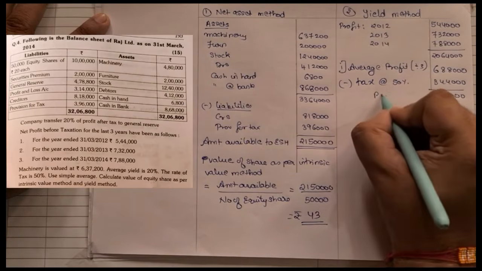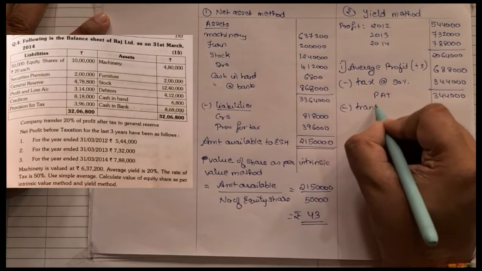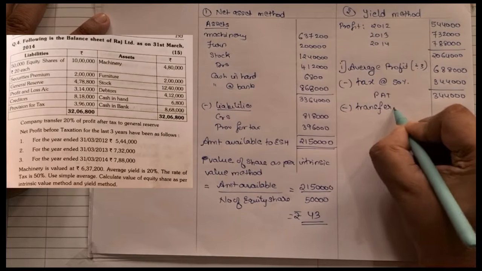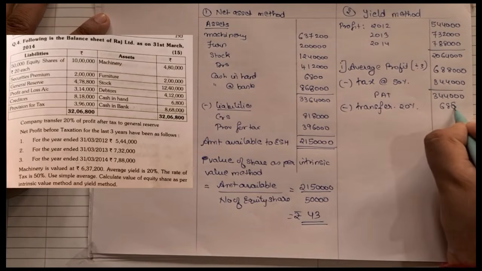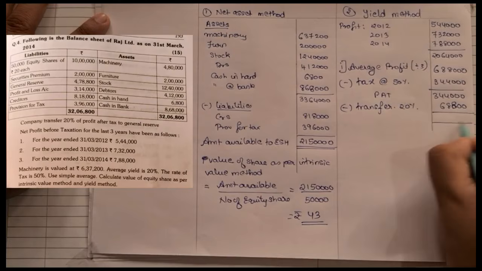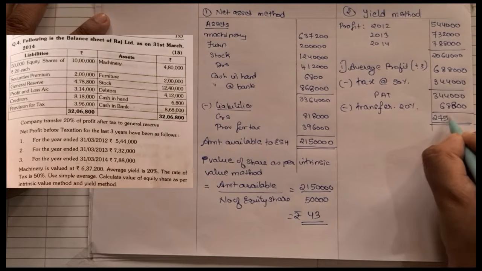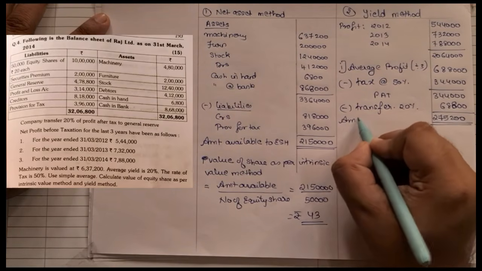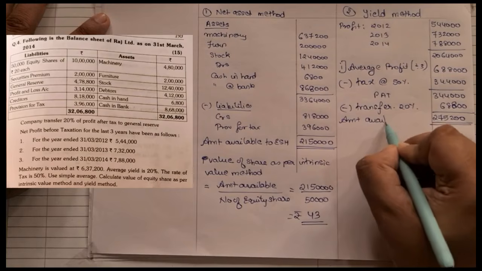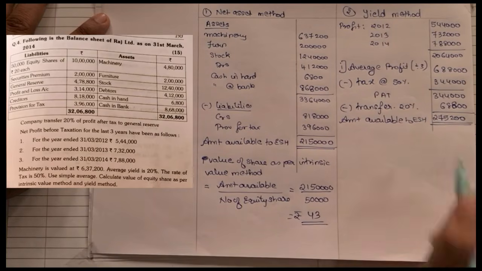So this is like profit after tax. From that, less any transfers. There is a transfer of 20% to GR, 68,800. I minus it and I will get the amount as 2,75,200. So this is like the amount available to equity shareholders.